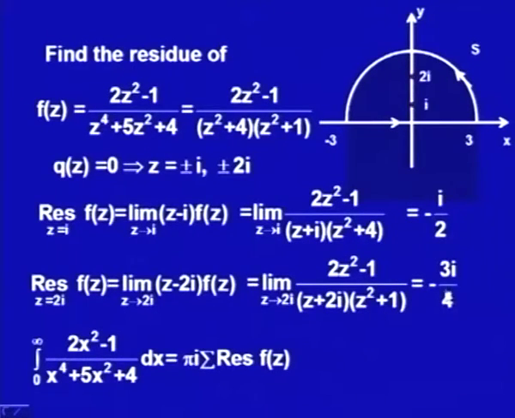We had calculated the residues over there as minus i by 2 and minus 3i by 4. So, we do get pi i times (minus 3i by 4 minus i by 2), that is pi by 4. So, we have evaluated this integral using the residue theory.